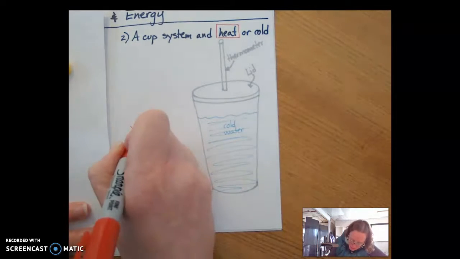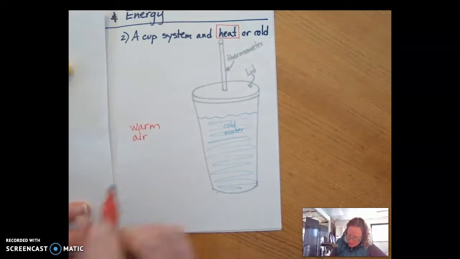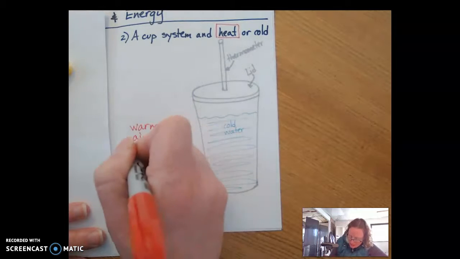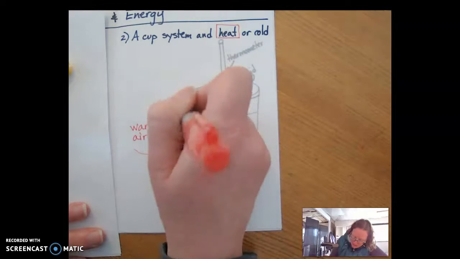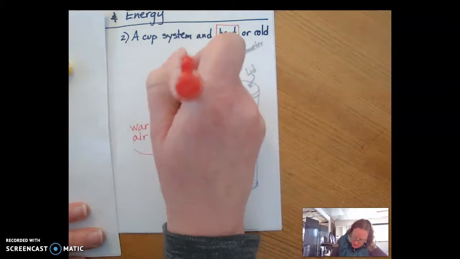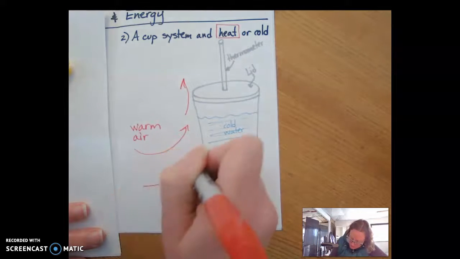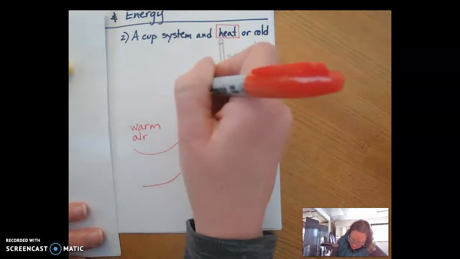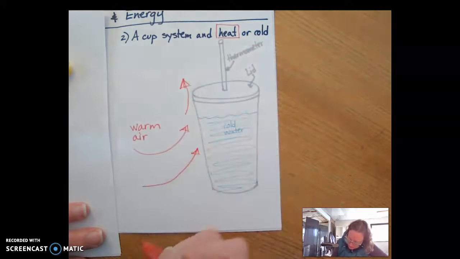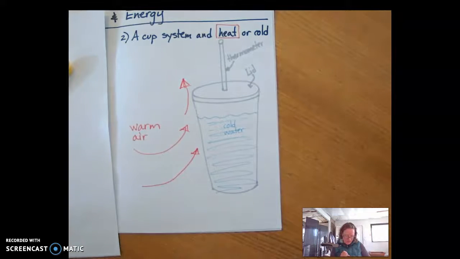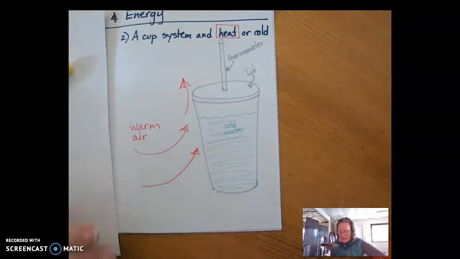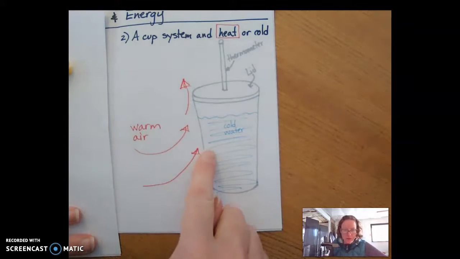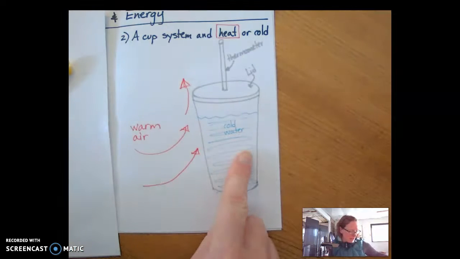So we've got warm air circulating around out here, warm air circulating through the room. And as it touches our cold water cup, it is transmitting energy into the system.